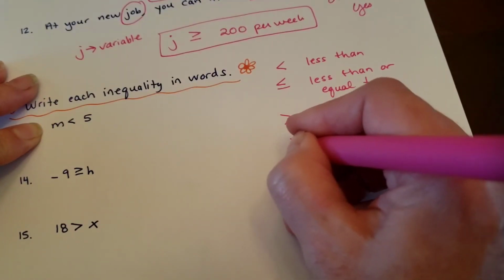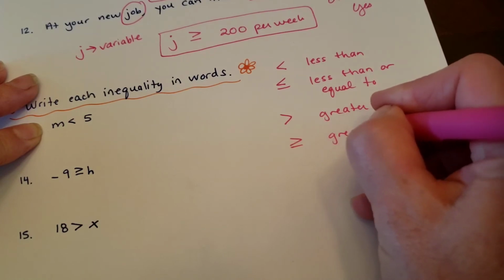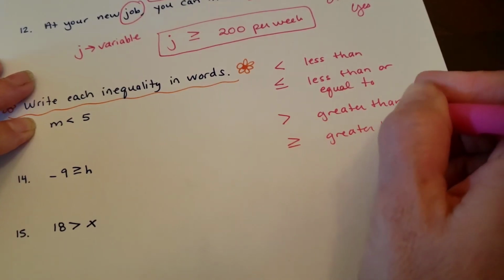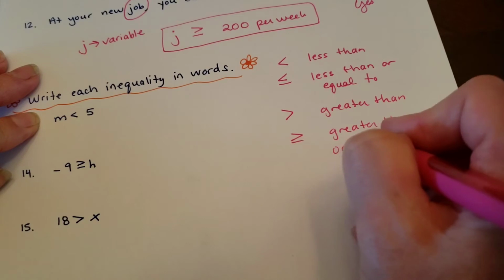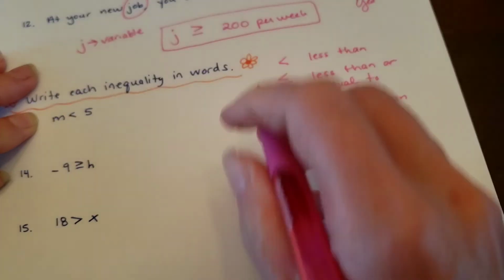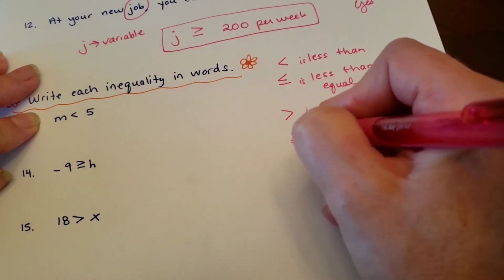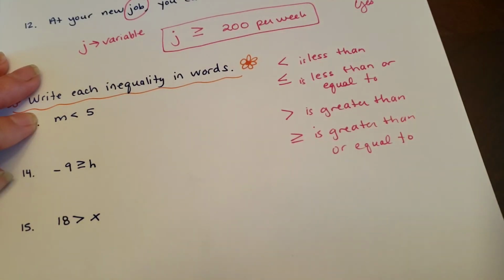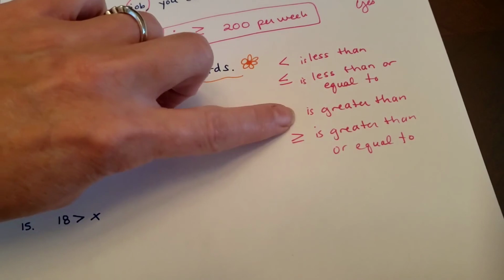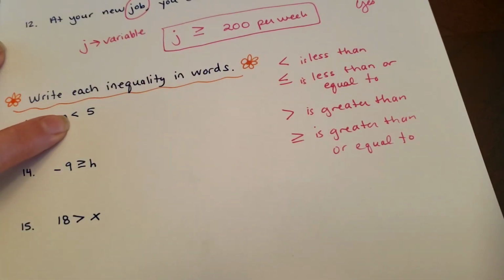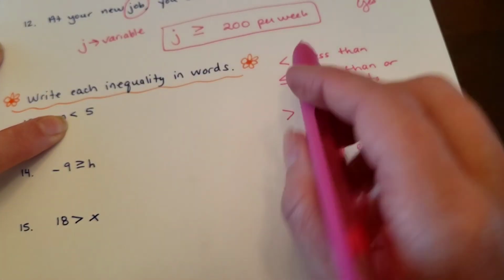And then greater than or equal to. And actually all of these should have the word is in front of them for inequality. So is less than, is greater than.